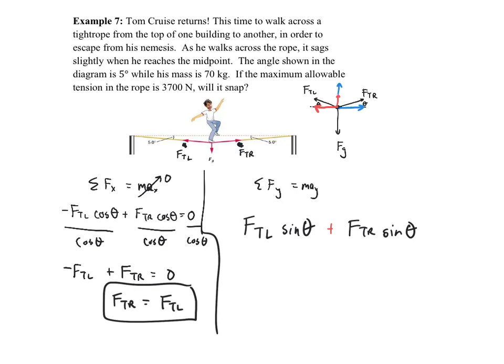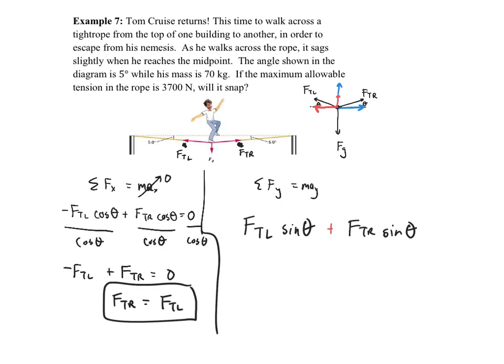So if I look back at my free body diagram, I've replaced FTL and FTR with the red and blue vectors. Notice, the left and right vectors balance each other. This statement right here that we just came up with in the x is saying, hey, these are the only 2 forces, so they must be equal. The horizontal components are balancing each other. But vertically now, we've got both of these forces acting up, a tension component of the rope.